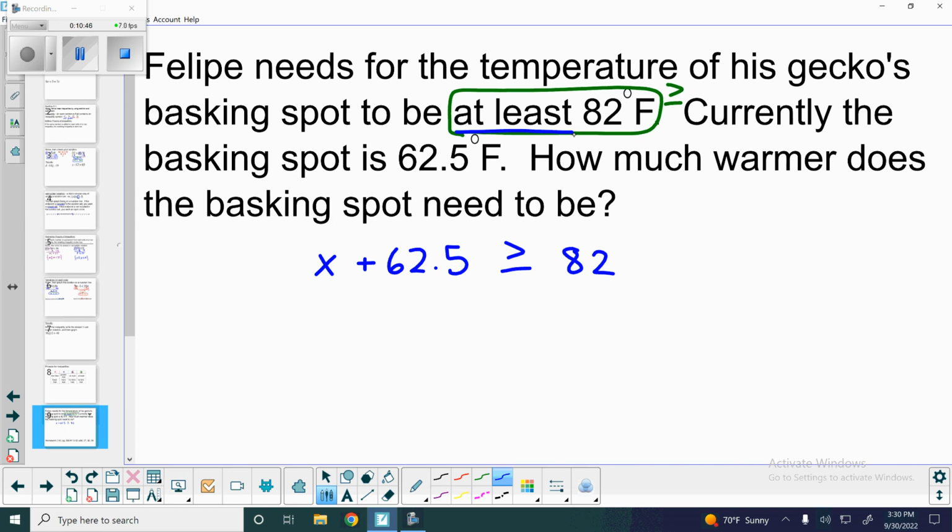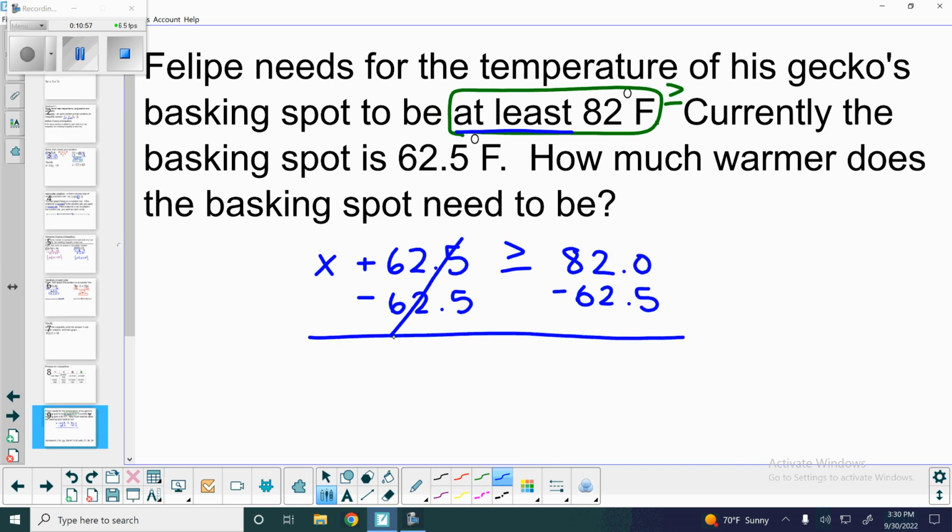Now if I wanted to simplify this, I would subtract the 62.5. So when I cancel that, I'm going to be able to figure out what that is. I did not bring my calculator with me. Let's do some easy math here. 19.5. So the minimum that I can add to my temperature is 19.5 degrees.